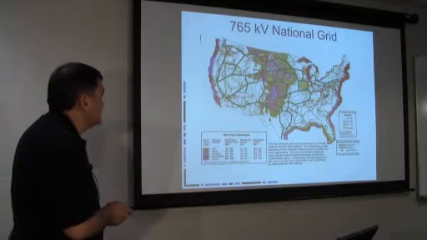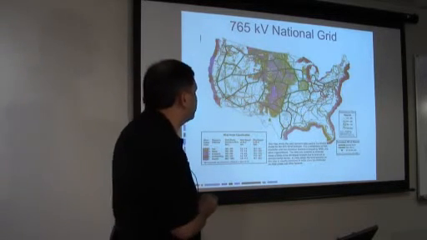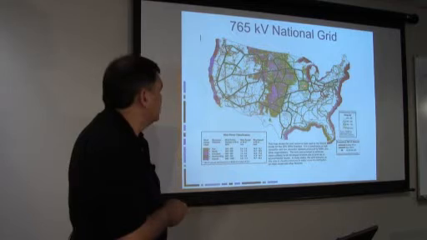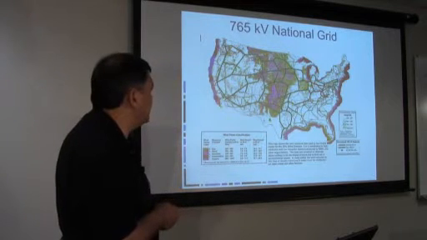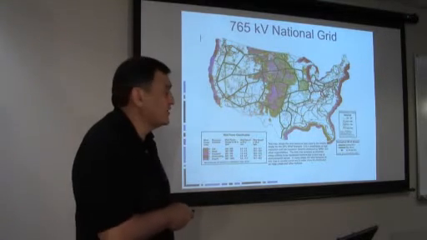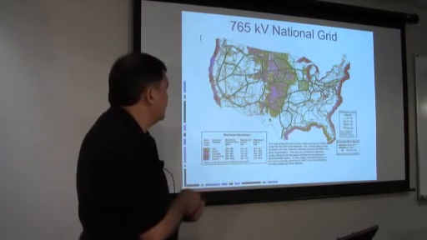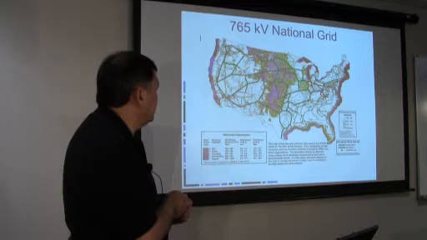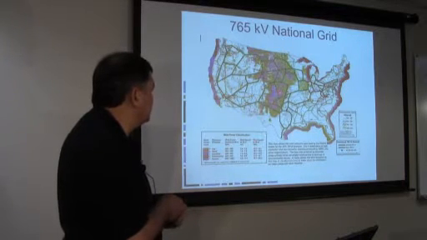There's also an initiative to extend the high voltage national grid. The green lines are 765 kV networks, which is the highest voltage used in the United States. We have 765 kV networks used extensively in the eastern interconnection.